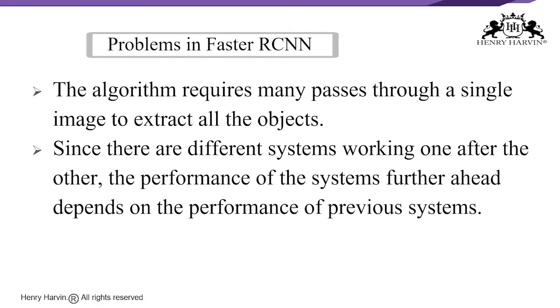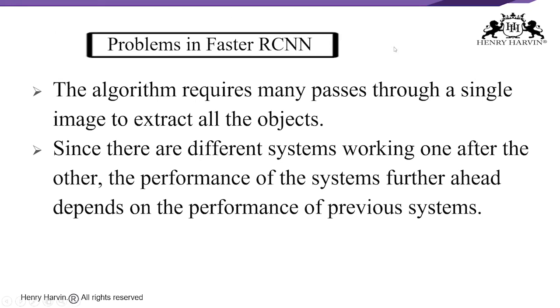The algorithm requires many passes through a single image to extract all the objects. And as there are different systems working one after another, the performance of the systems further ahead depends on how the previous systems performed.